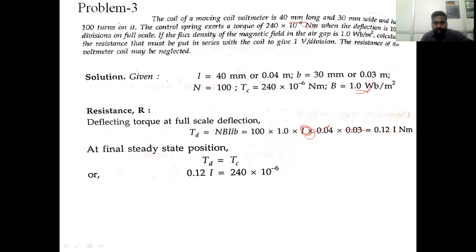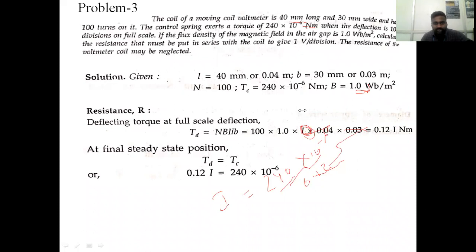What will be the value of capital I? Capital I is equal to 240 into 10 to the power of minus 6 divided by 0.12. How much? 2 milliamperes, right?